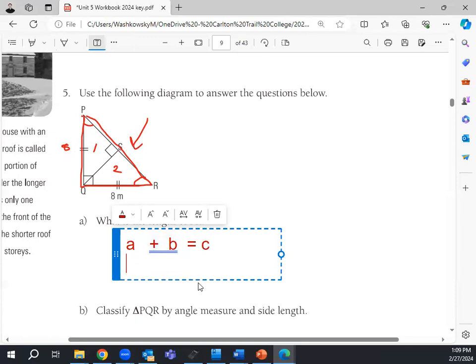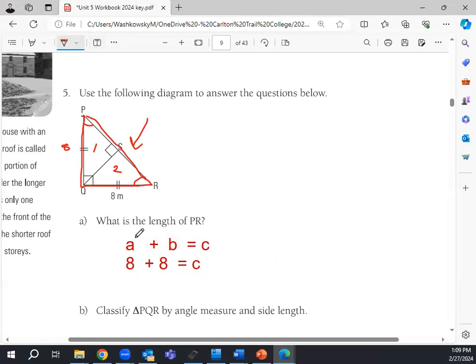I know that the one I'm trying to find is my hypotenuse, which would mean this would just be 8 squared plus 8 squared, or 64 plus 64, 128. That sounds right.